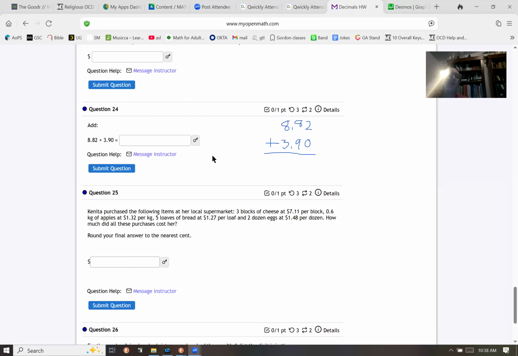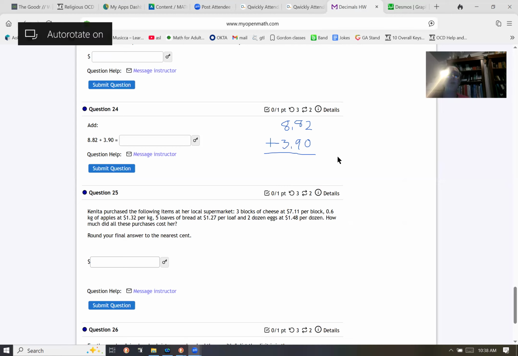So when you do this by hand, make sure that your decimals are lined up and all of your place values. Some people like to use grid paper when they're doing decimal addition by hand, because it helps you to line up your place values.